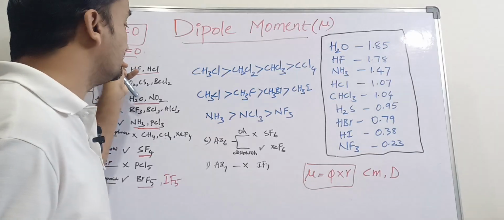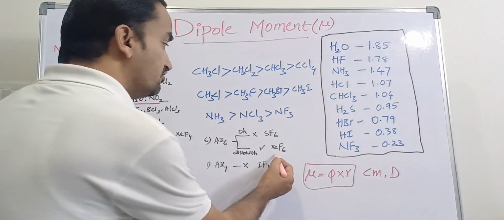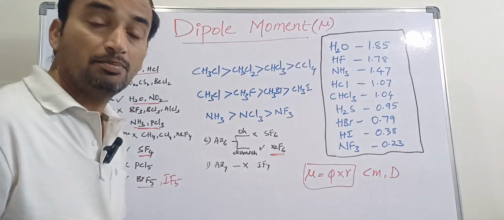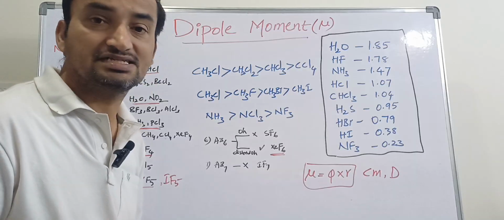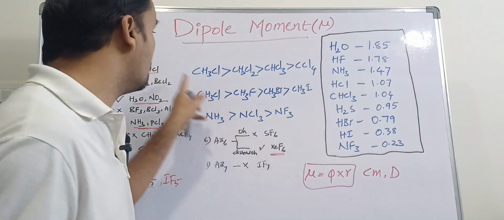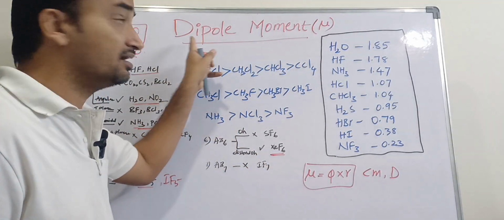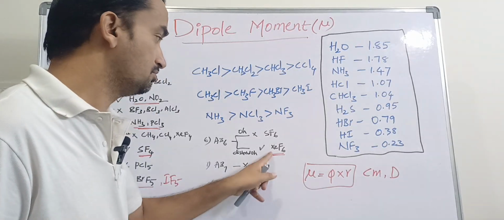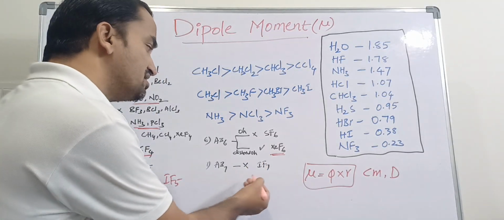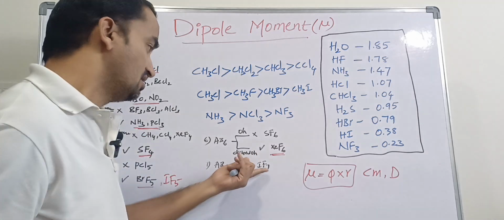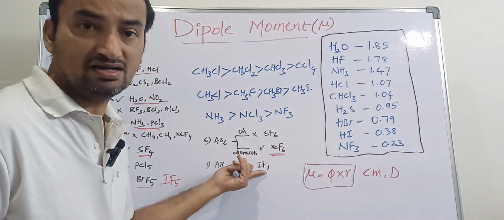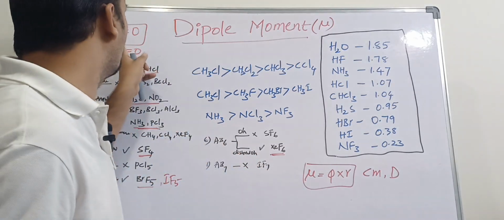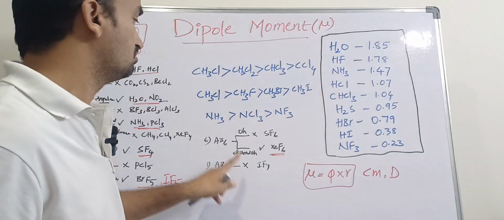So here it is non-polar. Whereas in the case of XeF6, because of the distorted octahedral structure, it will possess the dipole moment. Here in this case, mu not equal to 0. Hence, we can say polar molecule. Okay. Whereas in the case of AB7, here it will not possess any dipole moment. So here mu equal to 0.